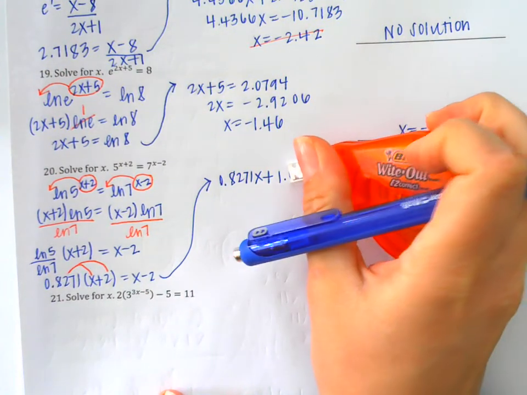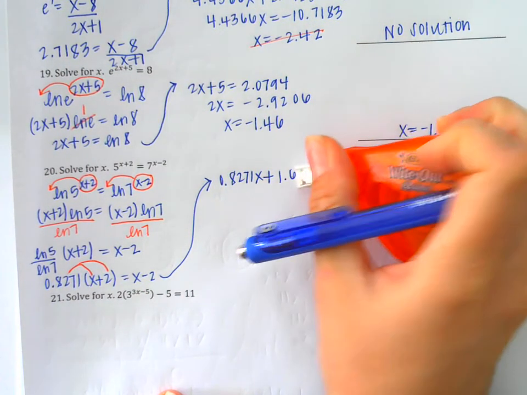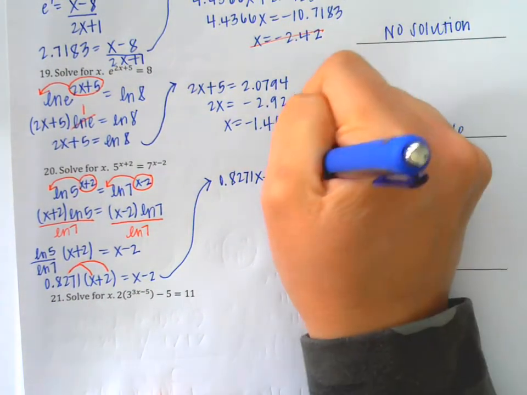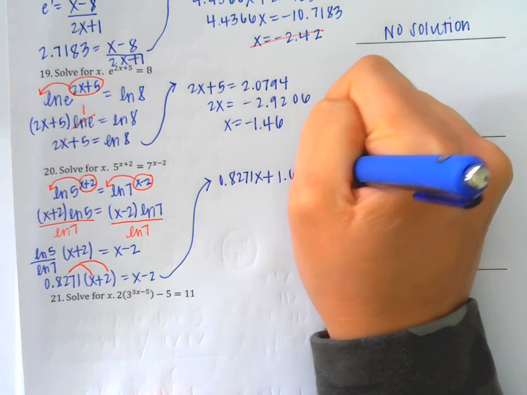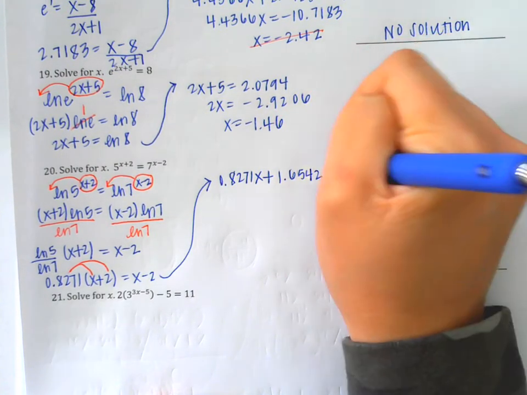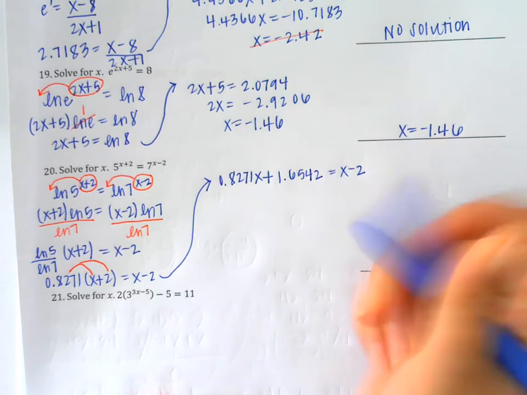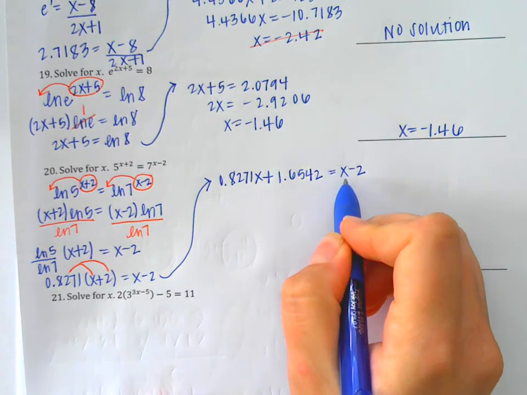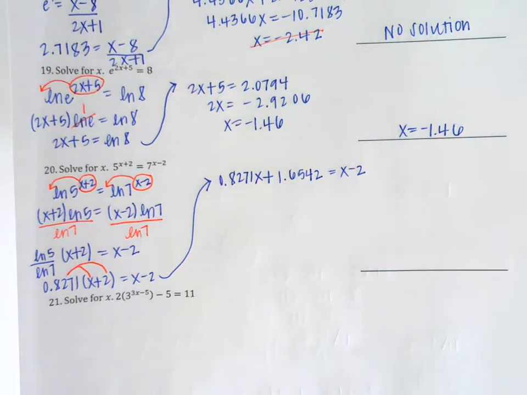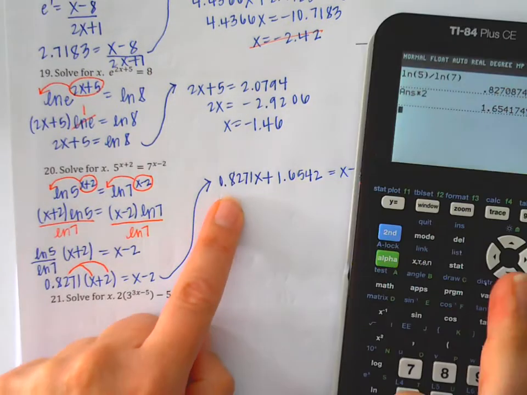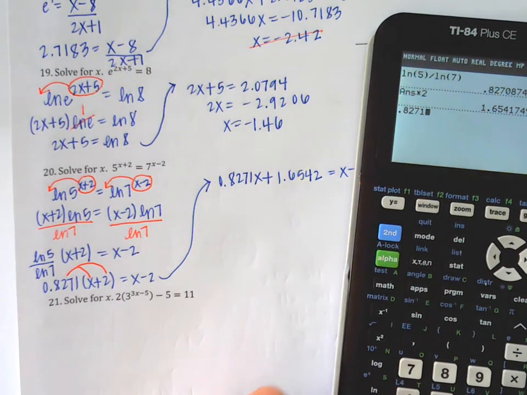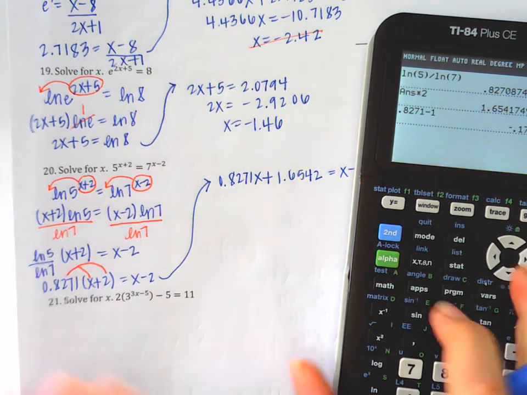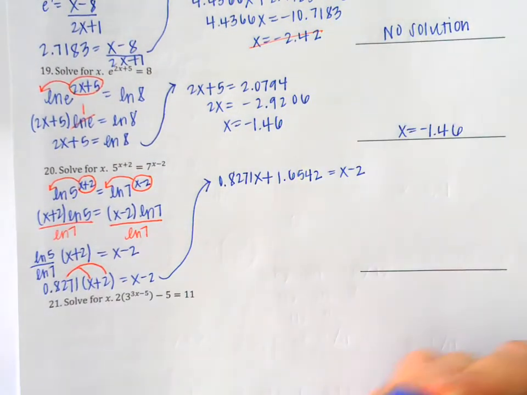Yep. Equals x minus 2. I would subtract x from both sides. So you can just do 0.8271 minus 1, which gets us negative 0.1729.